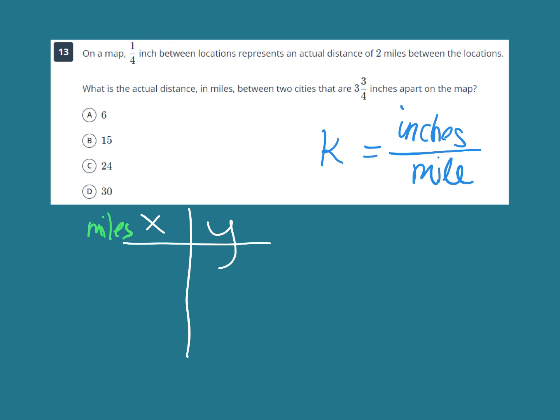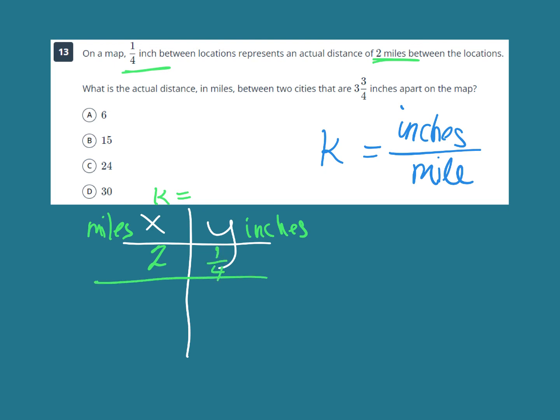My Y is going to be my inches. And we just have to figure out what K is, right? So let's go with what they gave us. Miles, 2 miles. Y, 1/4 of an inch.